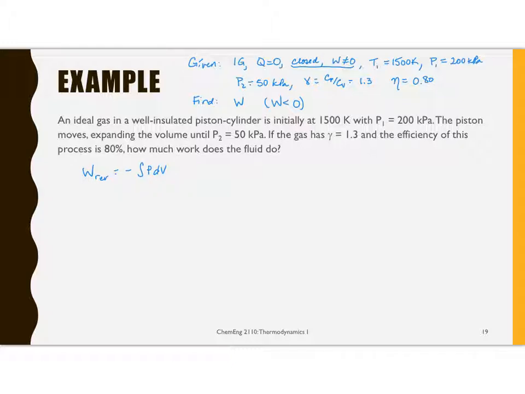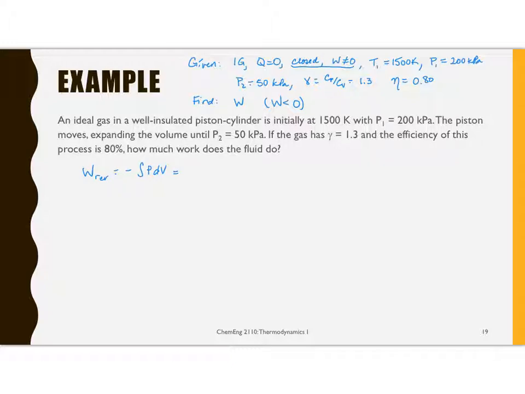In this particular case, they told me that I have an ideal gas with constant gamma. It's 1.3. Therefore, this is polytropic. And so I can use one of those expressions that we had in the previous video.